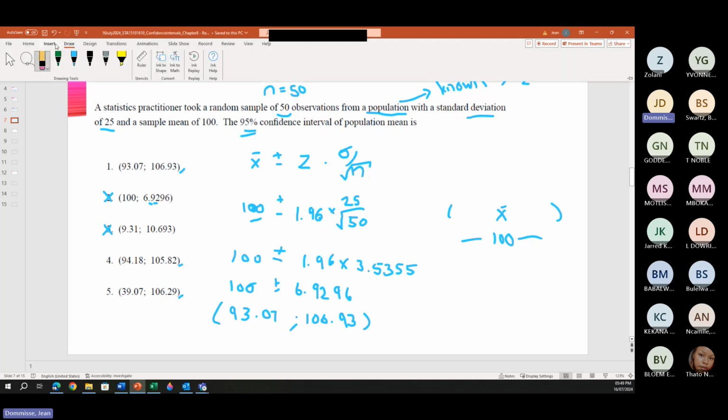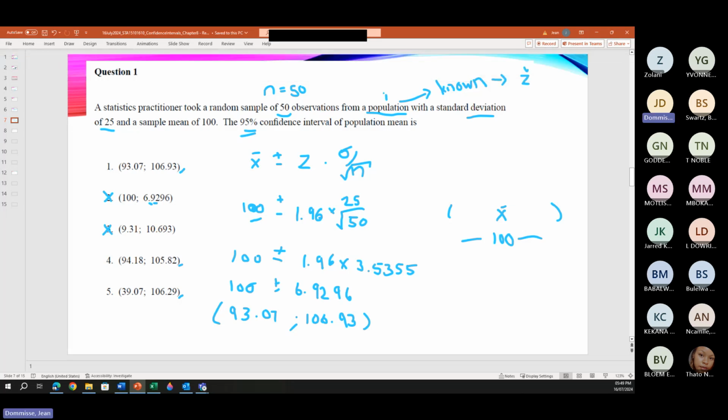So first, I think the important thing is that we identify that it is population that we're working with. So we know what the standard deviation is.